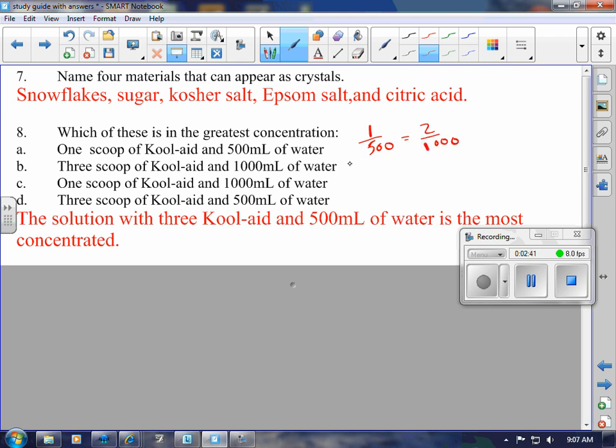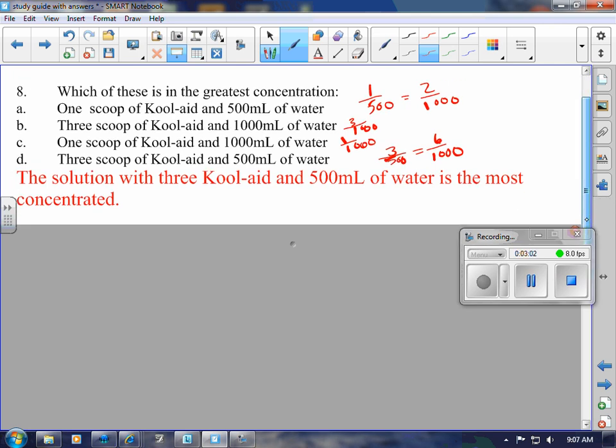This one's 3 over 1,000. This one's 1 over 1,000. And 3 scoops of Kool-Aid over 500, 3 over 500, is equal to 6 over 1,000. So that's how we know that solution D is the largest one.